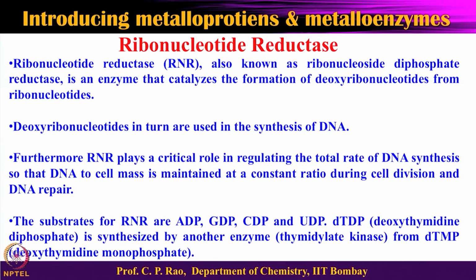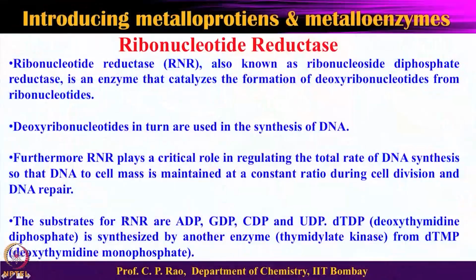The body's entry is ribonucleoside, and you need a deoxyribonucleoside because the cell has to synthesize DNA. When cell division takes place, the nuclear material, DNA, also gets divided, so you need to synthesize DNA. To synthesize DNA you need deoxyribonucleotides, and the entry to the body is ribonucleotides.